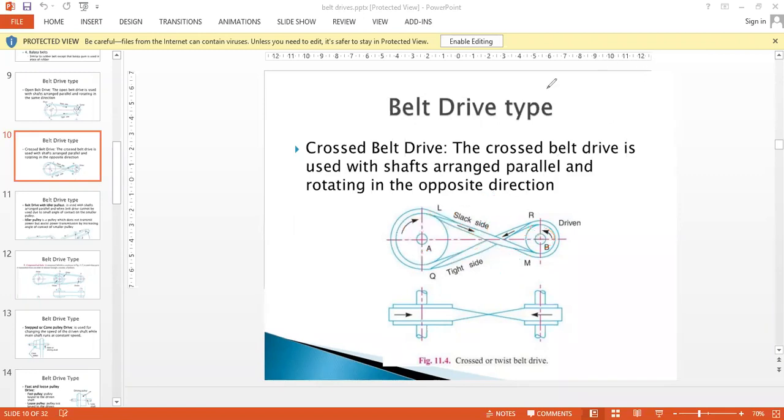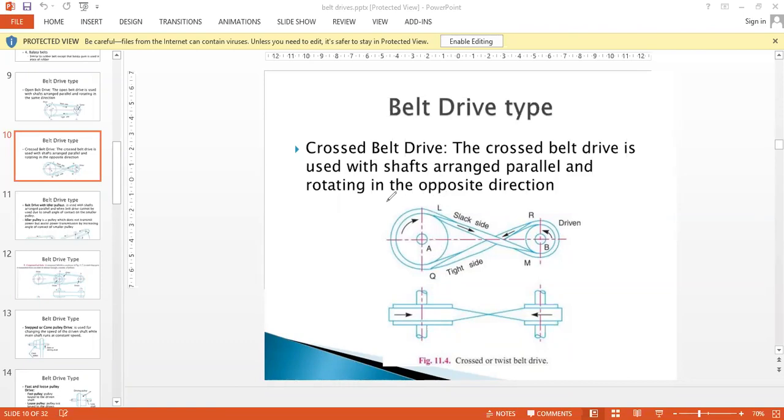Then the next thing that we should carefully observe over here is that one important terminology is called the arc of contact. Okay, arc of contact. So what is this arc of contact?